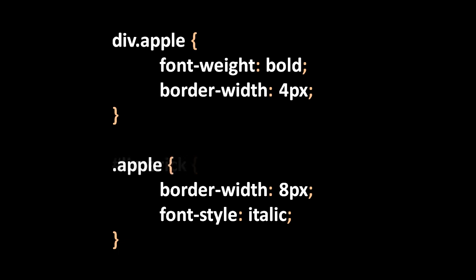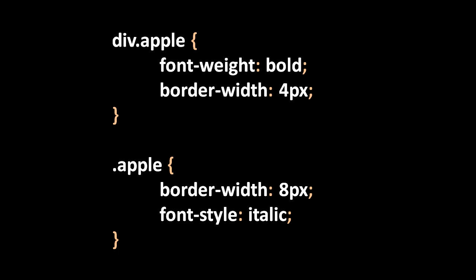Now, if we consider a very similar example, except here instead of ID of limerick, the second selector is specified as a class of apple, well, again, we have a conflict because there are going to be elements to which both of these rules apply. Any div which is a member of the class apple in this case. So the question again is which takes precedence, and the answer is first we look at the number of IDs, and neither of these selectors specify any IDs, so they're equal there.